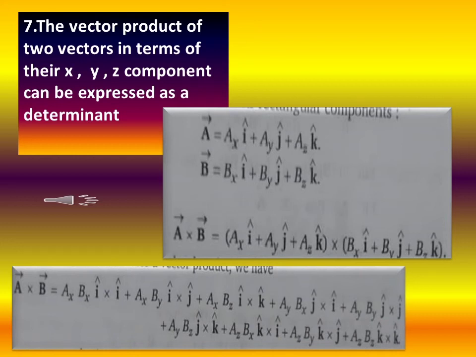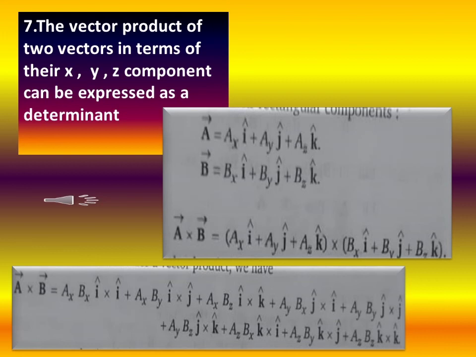Property number 7. The vector product of two vectors in terms of their x, y, z components can be expressed as a determinant. Let vector A be equal to ax i cap plus ay j cap plus az k cap, and vector B be equal to bx i cap plus by j cap plus bz k cap. By taking the cross product between vector A and vector B, we will get ax i plus ay j plus az k cross bx i plus by j plus bz k, and multiplying these terms, finally we will get the given terms.